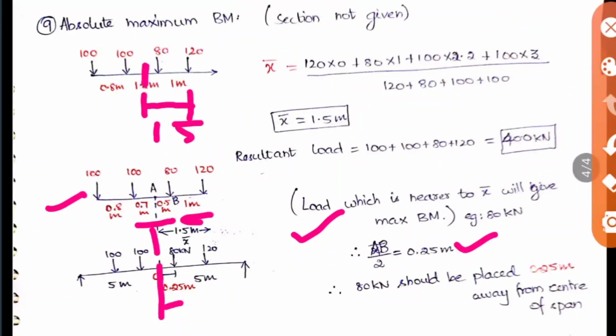So this is the place where you should place the loads, so that we get the maximum absolute bending moment. When you place the 80, automatically the other 3 loads will be kept in position with respect to the spans between the loads, and you can find the bending moment using our basic principle, that is the area into the load.